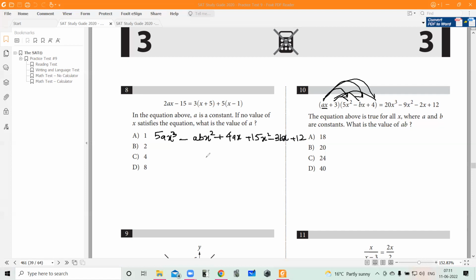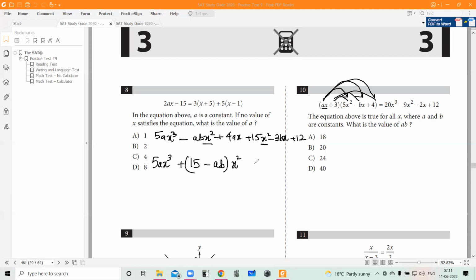All right. Any terms having the same variable and the same power on the variable? There's no x cubed term there, so I can write 5ax cubed again here. But you have x squared terms here too. It's in addition or subtraction, so you'll write plus 15 minus ab x squared, right?